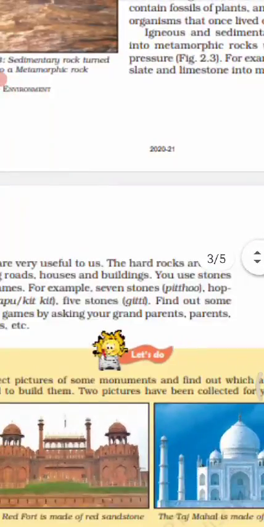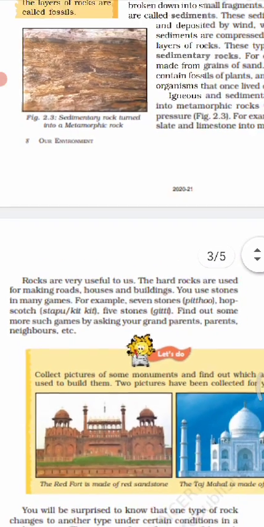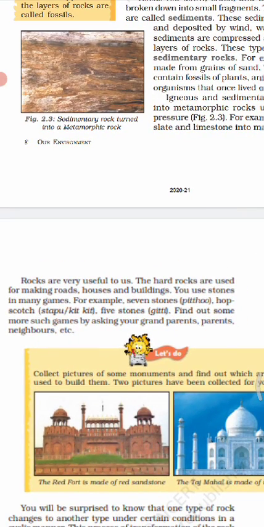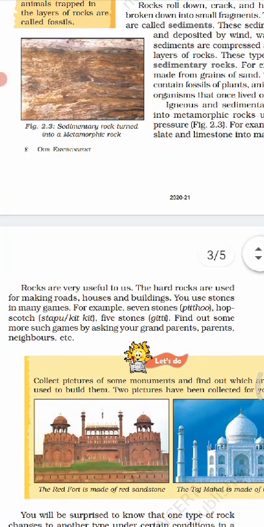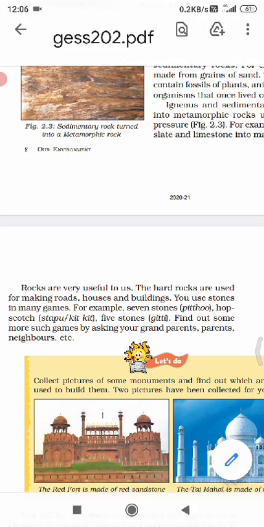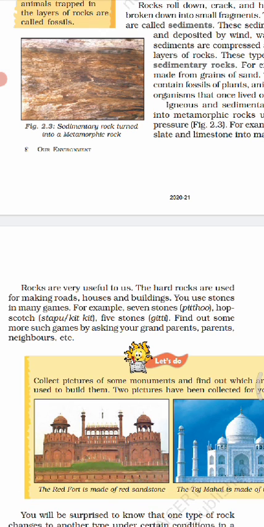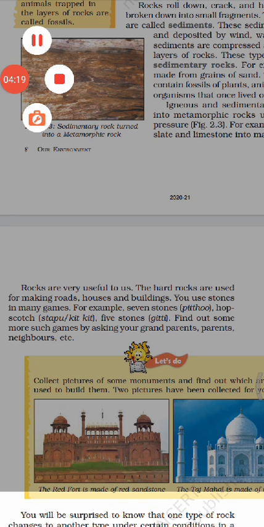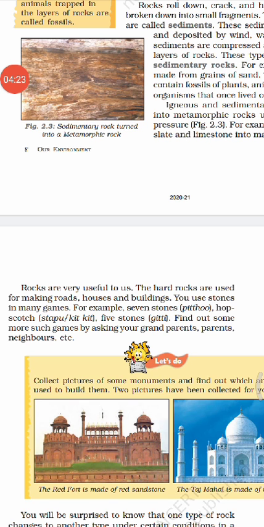Then the rocks are used by us in our daily life, like in the room in which you are sitting. Can you tell me, are there any kinds of rocks used in the room where you are sitting?